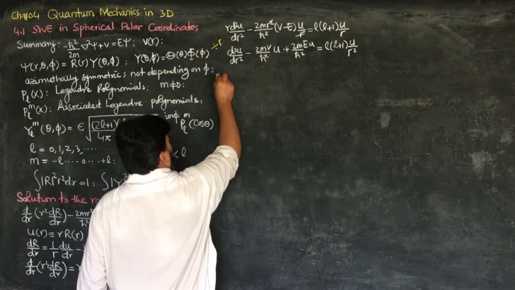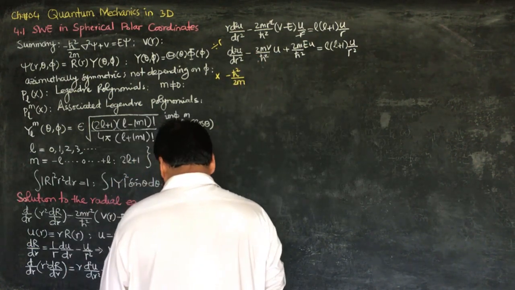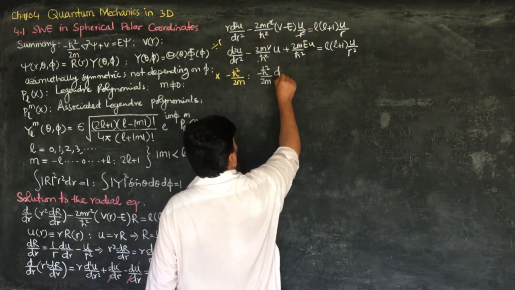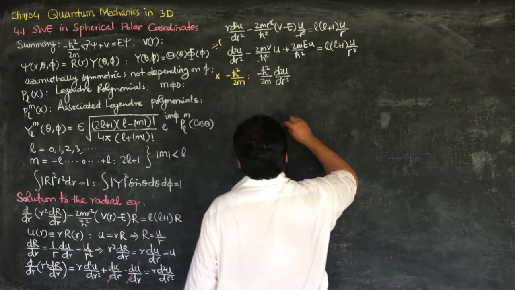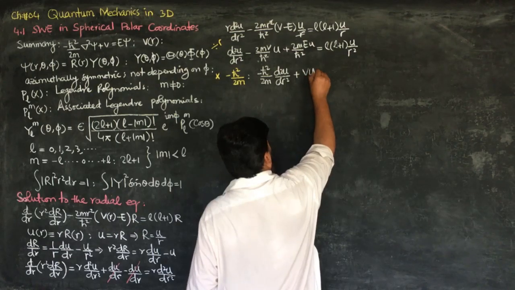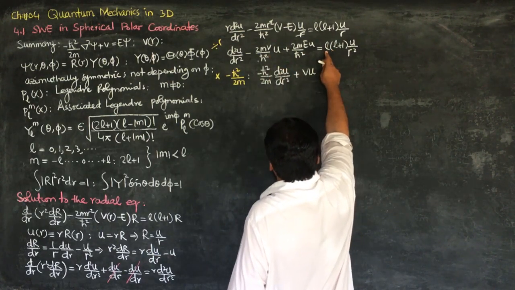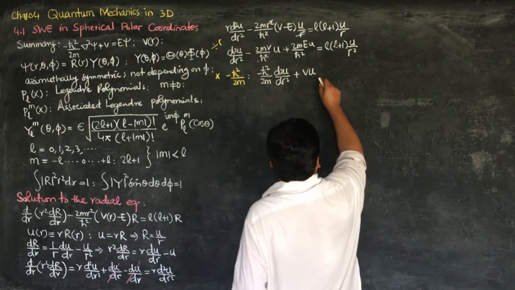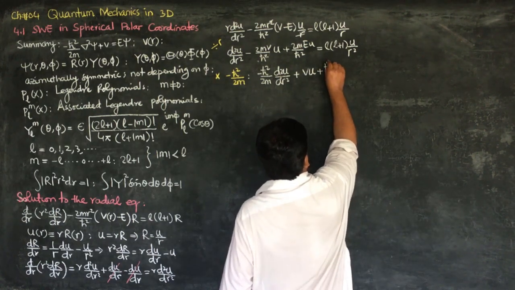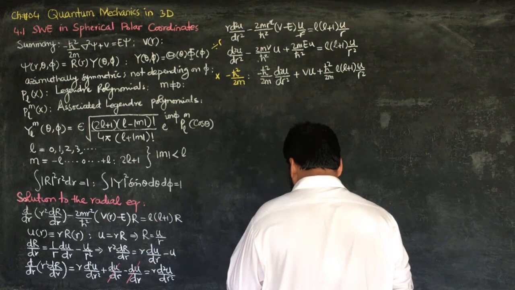And now if I multiply with minus h bar square over 2m in order to get rid of this term, this will give me minus h bar square over 2m d square u over dr square, and then minus minus will become plus, so I will have plus vu, and when this one comes over here, it will become minus, so minus with another minus will become plus, and I will have plus h bar square over 2m L into L plus 1 and u over r squared.